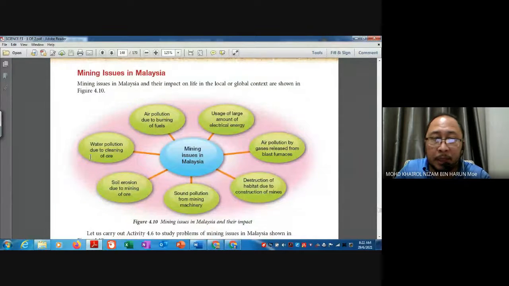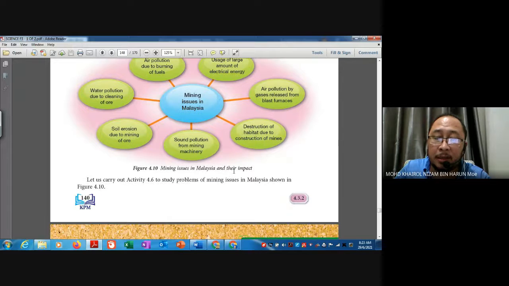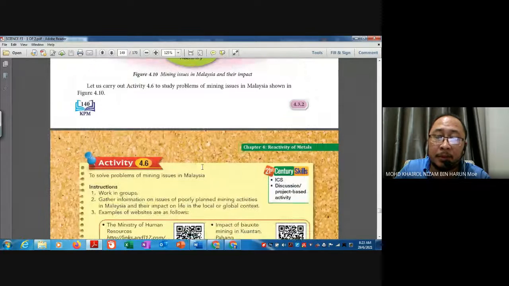Okay, the last one, this one you can read on your own. Mining issues in Malaysia. The extraction process is exactly a very tough issue because it will lead to pollution itself. So there are mining issues in Malaysia, very dangerous ones.